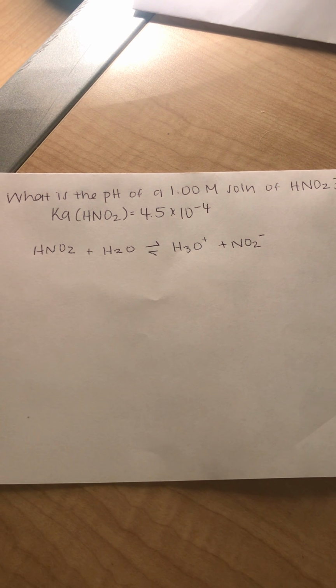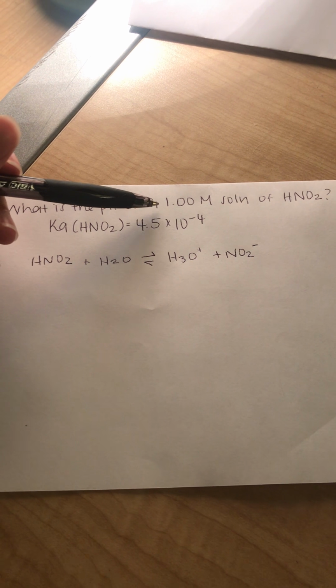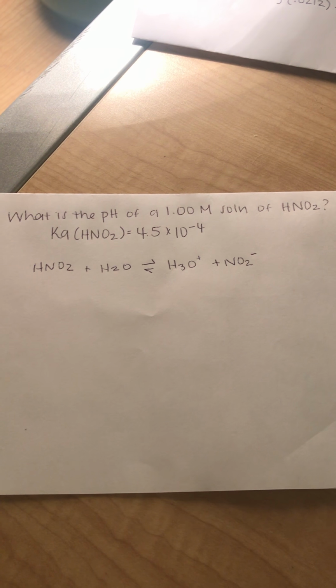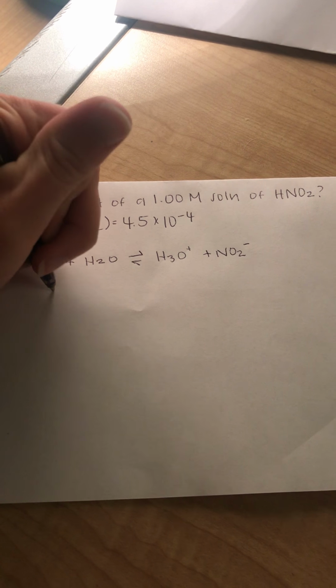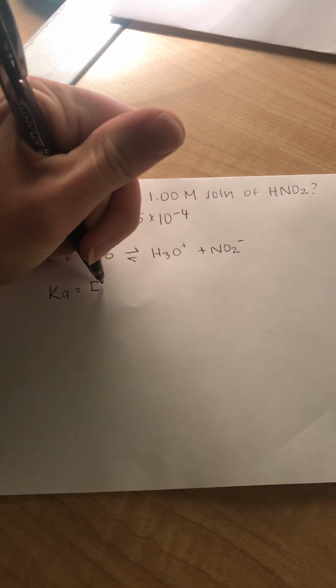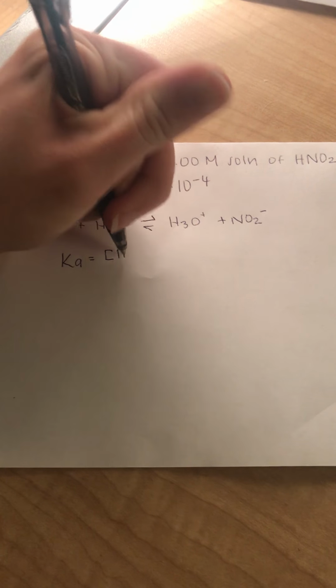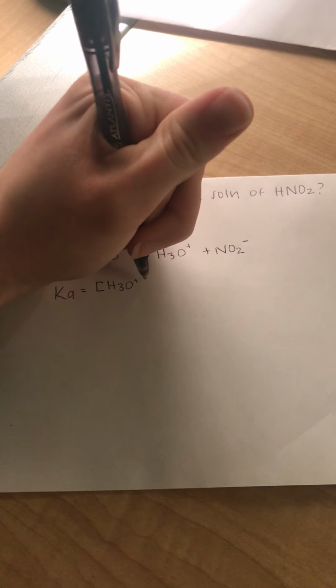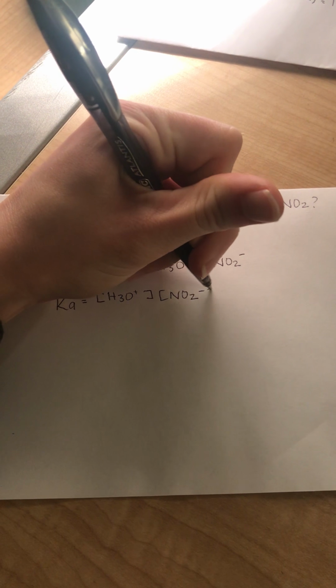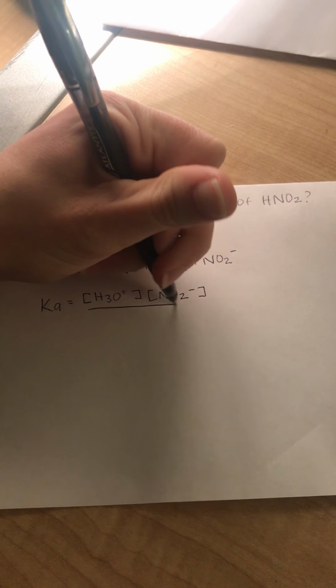Since nitrous acid is a weak acid, you cannot use this given concentration in the question to find your pH value. Instead, you'll have to use the Ka equation, which uses the concentration of the products over the concentration of the reactants.